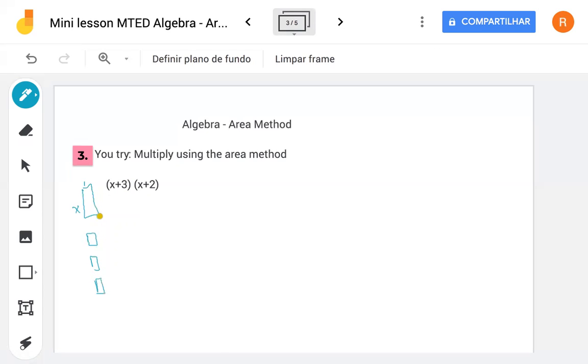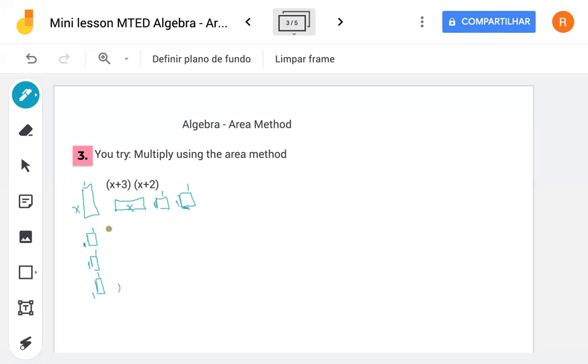So 3, 1 by 1. And here on the top, we can represent x here, and just 2 boxes, 1 by 1, 2 little squares.